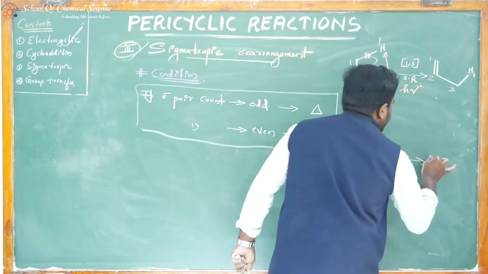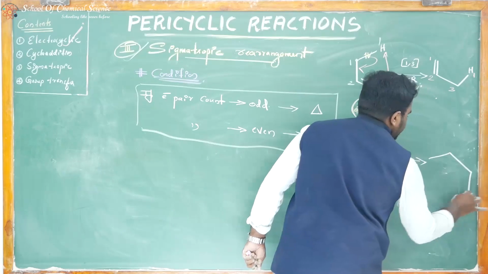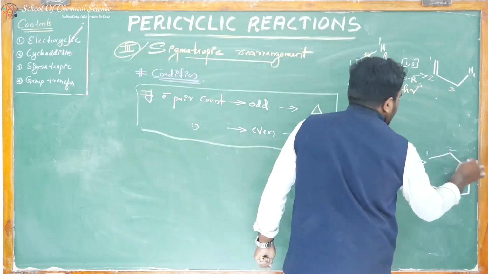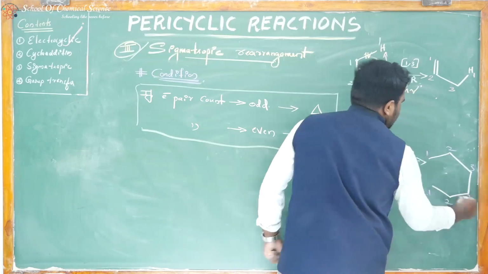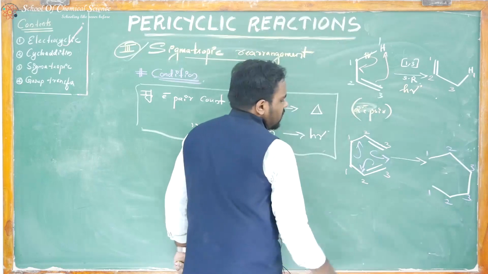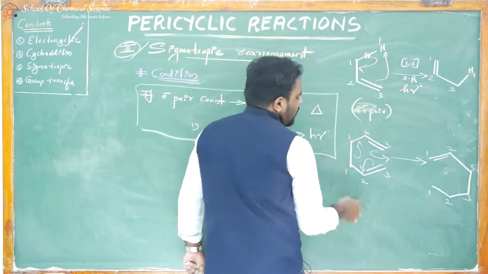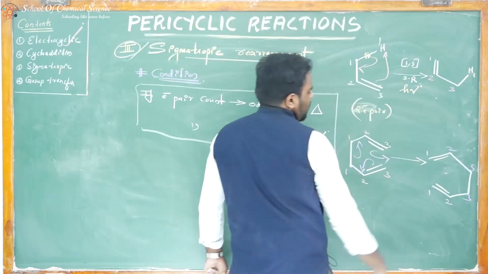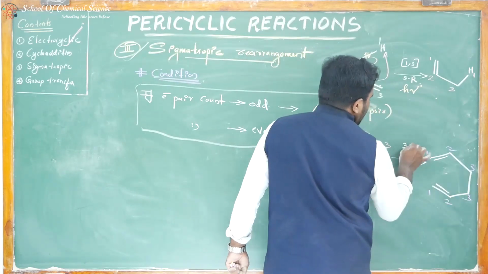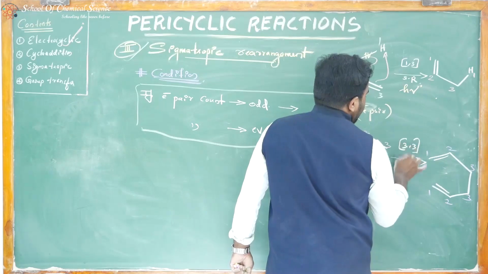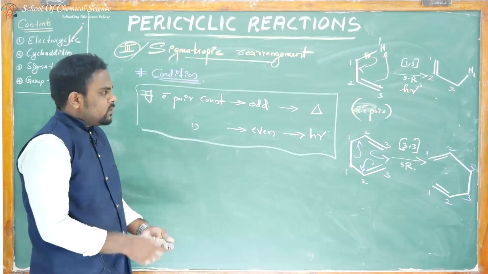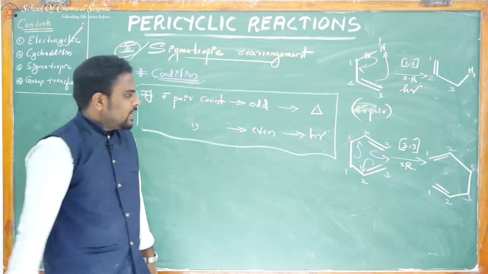So your product will be, again giving numbers 1, 2, 3, 1, 2, 3: the 1,1 bond undergoes breaking, and a 3,3 bond is formed. Between 1 and 2 a pi bond, here also a pi bond. So what is the name of the reaction? 3,3, because the new bond is formed at 3 and 3. So 3,3 sigmatropic rearrangement. My question: whether thermal condition or photochemical condition.